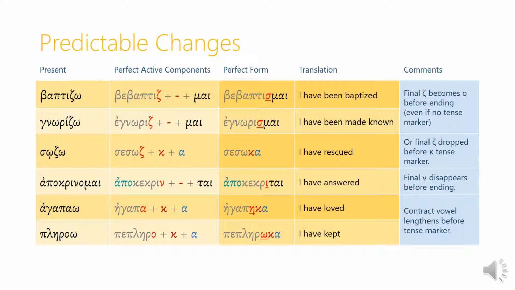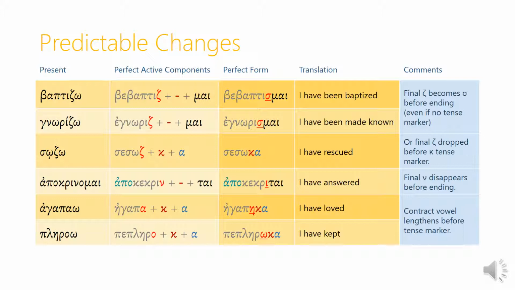Finally, as we've seen many times before, when we put an ending or especially a tense marker on at the end of a contract verb's stem, the final contract vowel will lengthen. So with agapao, we have agapa, the reduplicated stem, plus kappa plus the alpha connecting vowel.